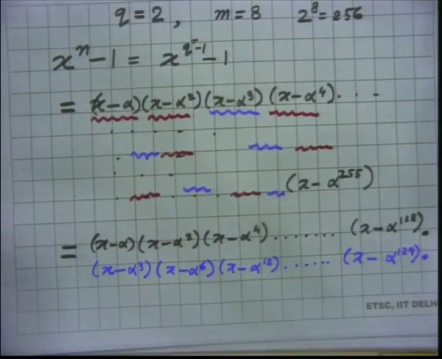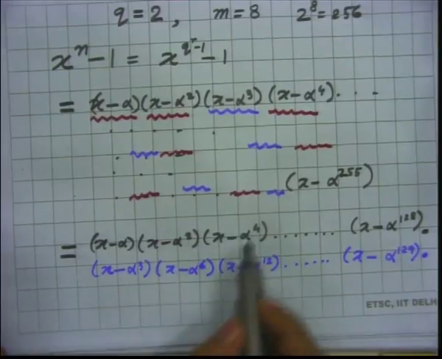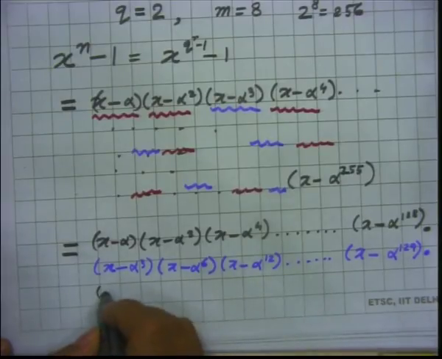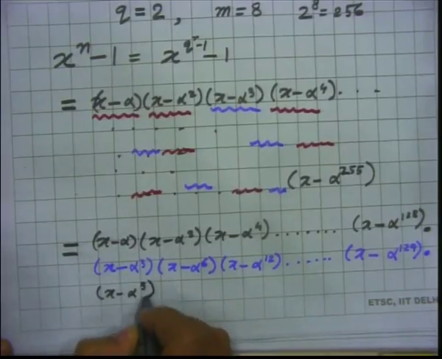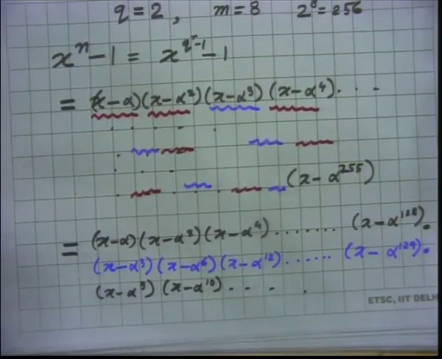Then maybe 5 is not there, because 5s are not coming. So, you have got x minus alpha 5, then x minus alpha 10 and so on, till we exhaust all of them.